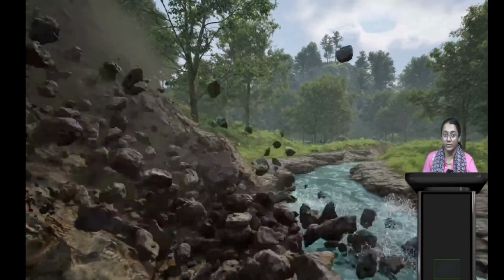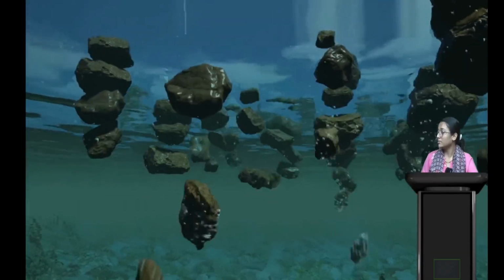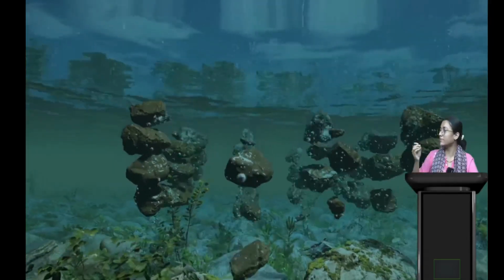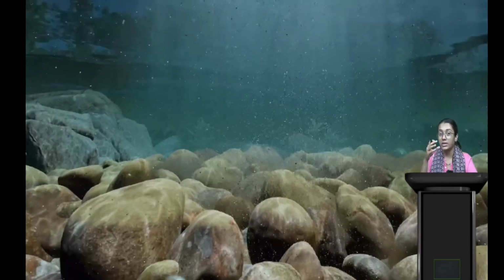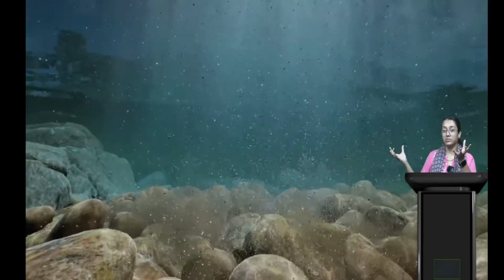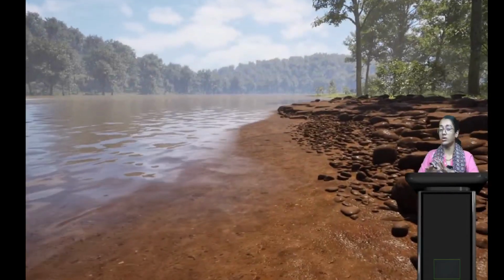Okay, and the small cracks make small pieces of the stone. From that, the small pebbles get detached from the big stone, and they go under the water or spread around the surroundings.